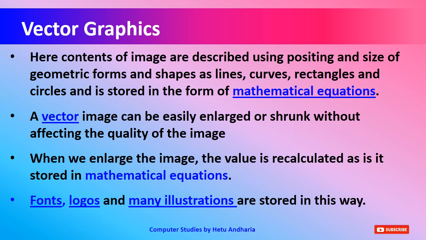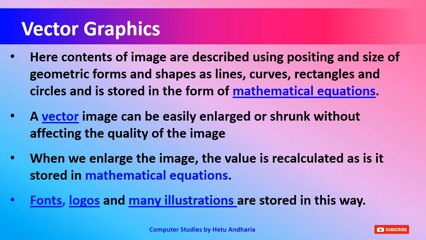On the screen, both bitmap and vector graphics look the same, but when we enlarge the bitmap image, it will blur and the pixels will get enlarged as shown in the figure. Just now we had seen the figure, those yellow flowers. While on the other hand, the vector images look the same when enlarged.